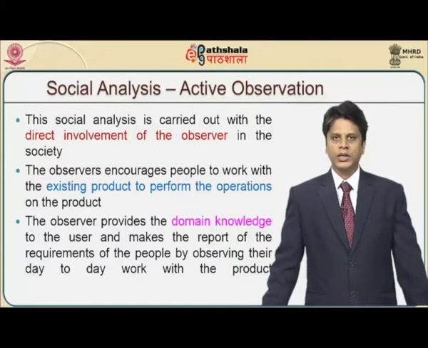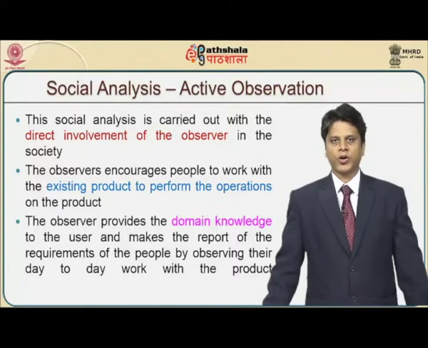The observer encourages people to work with the existing product to perform operations on it. So, the observer tries to identify the major hiccups this product might give. From that, we will be able to clarify how this could be improved. So, active observation involves people directly.